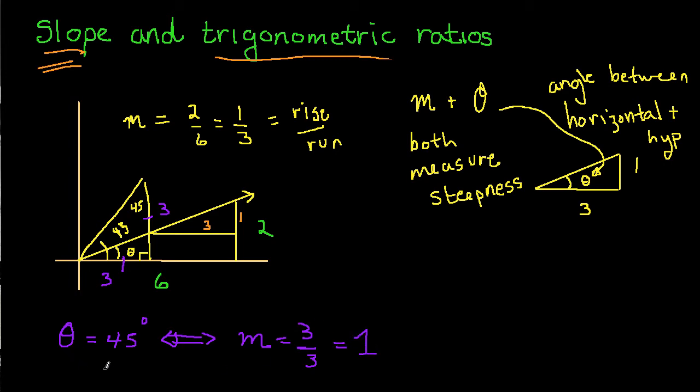Okay, so 45 degrees corresponds to a slope of 1, a slope of 1 corresponds to 45 degrees. Okay, let's go over here and let's make a general thing. So this rise over run of 1 corresponds to 45. What does this rise over run of 1/3 correspond to? What is actually the yellow angle theta?